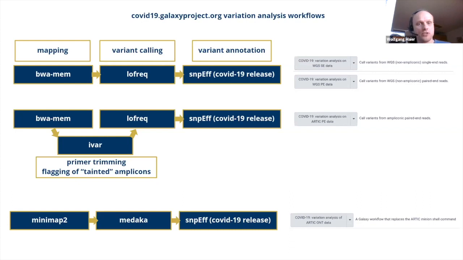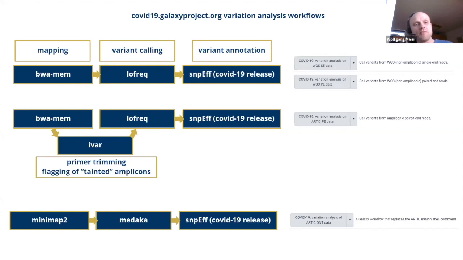And now when you want to do this with Arctic data, really the only thing you have to implement is primer trimming. That's done with Alvis trim in our workflows. And what we're doing on top of that, although it really has a minor impact, is this flagging of tainted amplicons. So what's that? That's basically when you're amplifying your different amplicons all across the SARS-CoV-2 genome, and then one of your primer binding sites is affected by a variant in that viral isolate.